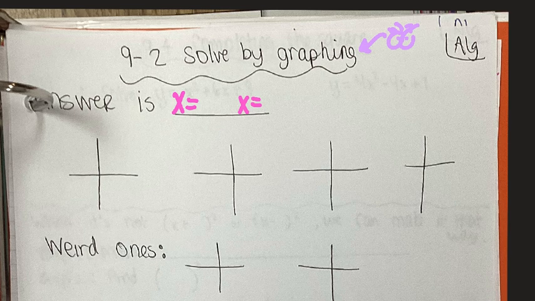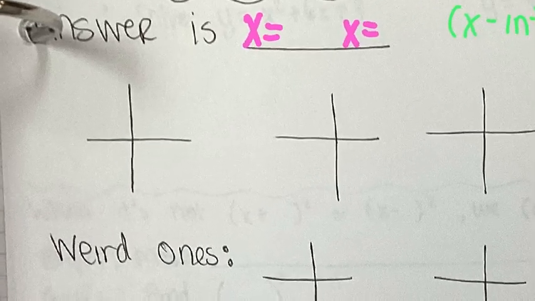The answer is technically the x-intercepts, but we're not supposed to know that, and we're not going to solve by factoring, but technically these are the x-intercepts. So we are going to graph, and then we're going to use our eyeballs to find the x-intercepts. Okay, let's draw a little sketch.